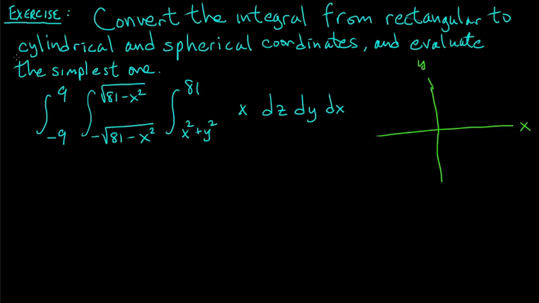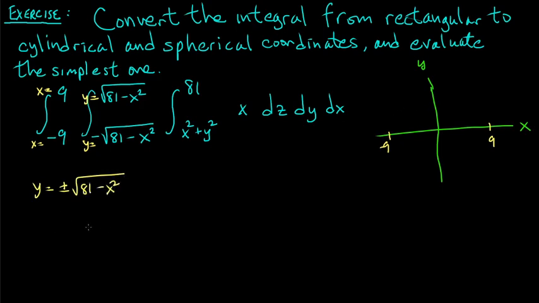So we know x is varying from -9 to +9, right? And then y is going from, so these are x's, just to make that clear. And then these are y's, if that helps. So essentially y is plus or minus the square root of 81 minus x squared.